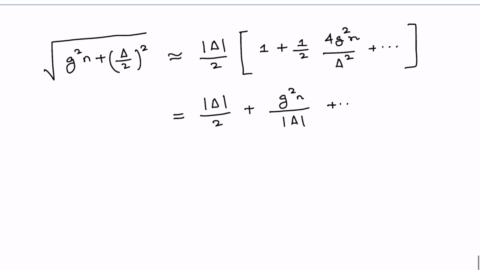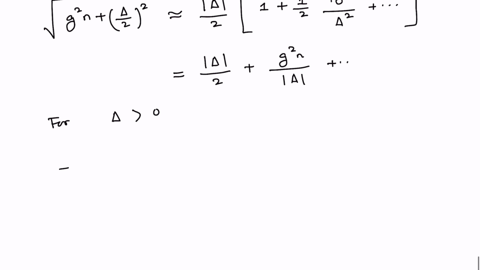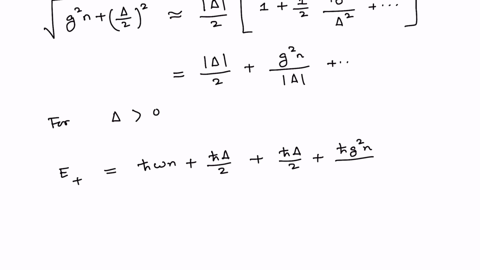And if I take that detuning to be positive, delta greater than 0, then I have my energy eigenvalue E plus as ħωn plus ħδ/2 plus ħ z² n divided by mod delta.